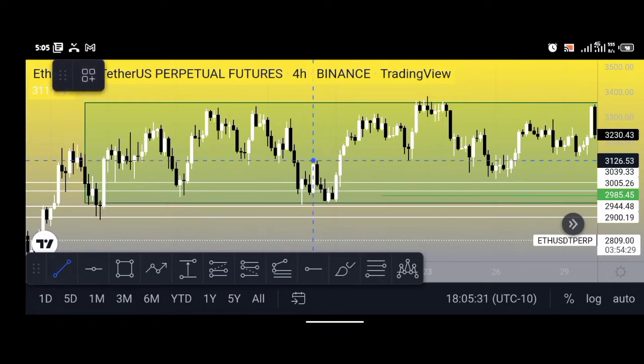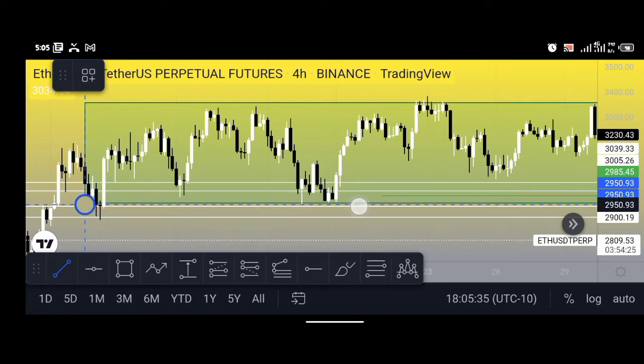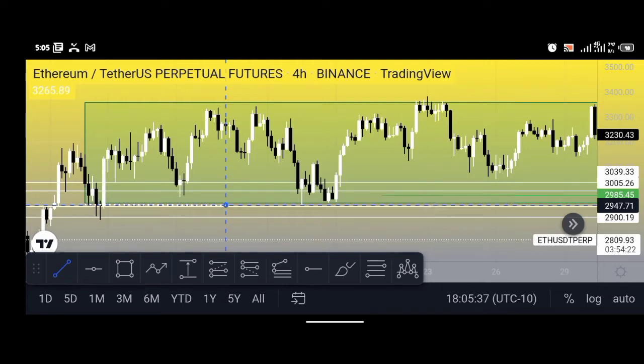So this is where you see your support, this horizontal line here. Let me change the color of the line so you can see it very well.